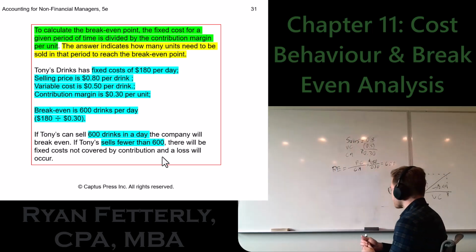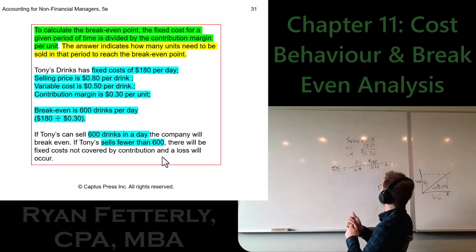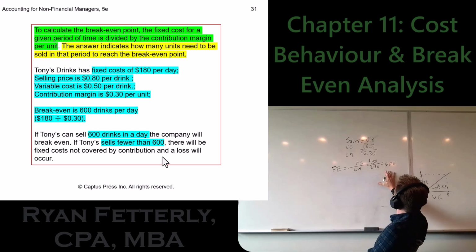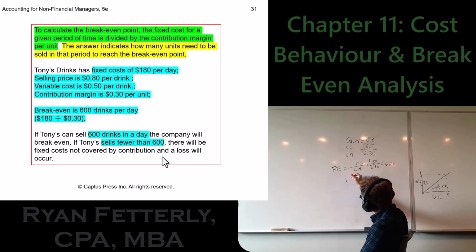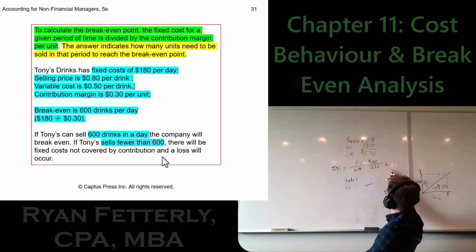If I were to do an income statement, it would look a little something like this, right? So we're going to do 600 drinks at 0.8, right? So my sales, right? So I'd have sales, I'd have variable costs, right? So my variable costs are 0.5. So 600 times 0.5 is $300. And then I know when I subtract this, I'm going to get 180 because that's my contribution margin.